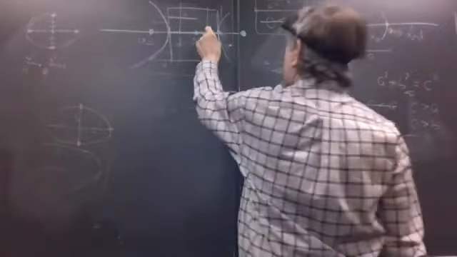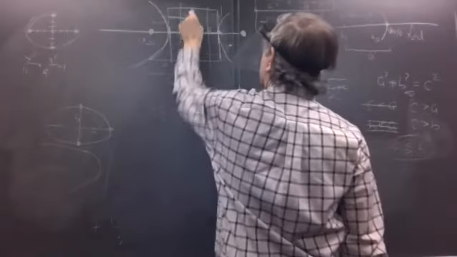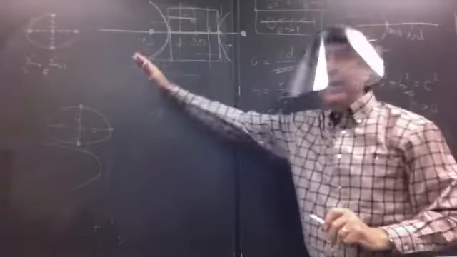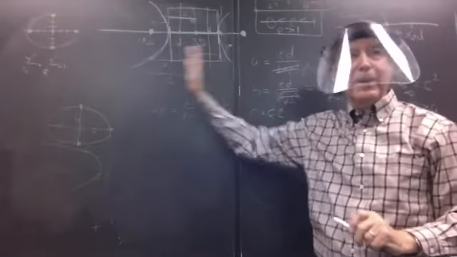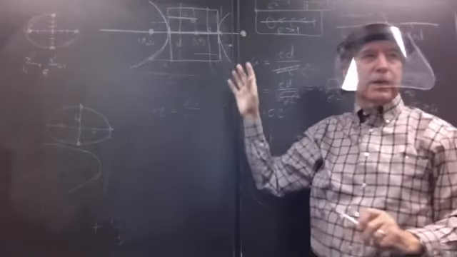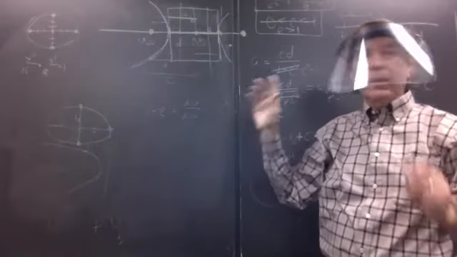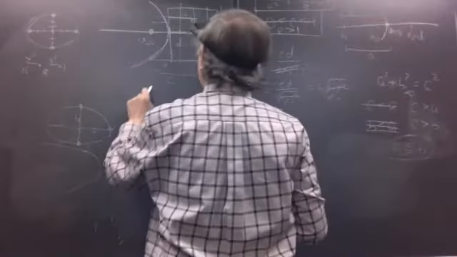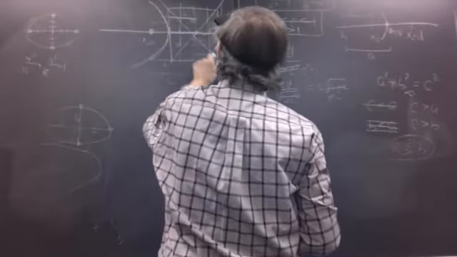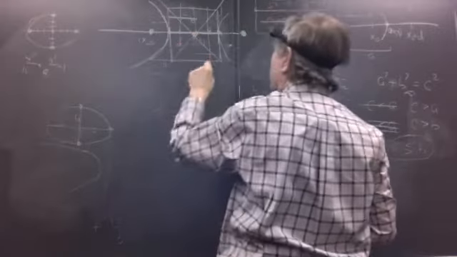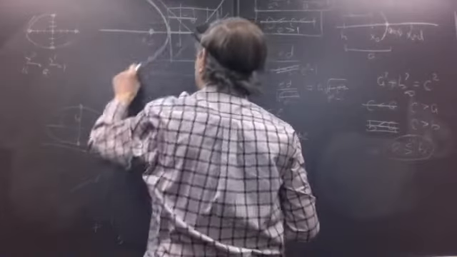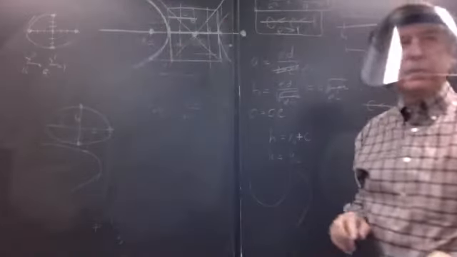And this distance across here is A. This distance up here is going to be B. So you make a box that's A and A, in this case minus A, maybe minus the number, but anyway, A on both sides, B on both sides. Okay. Then you draw a line through the diagonals. And that's actually going to go through the center. And it turns out that the hyperbola is asymptotic to those 2 lines.